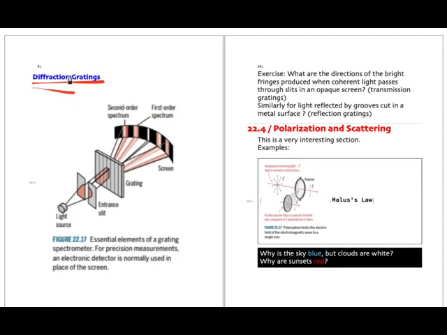One way diffraction gratings are used is to make spectrometers. You have a source of light for some element, and you want to know what is the spectrum of that element. Let's say this was a source of very high temperature gaseous oxygen. Well, that will emit light. You want to know what are the colors of light emitted by oxygen.